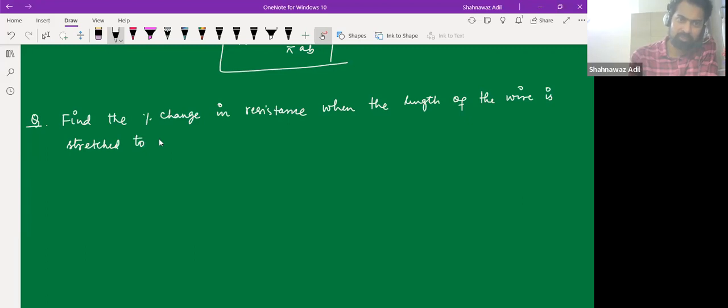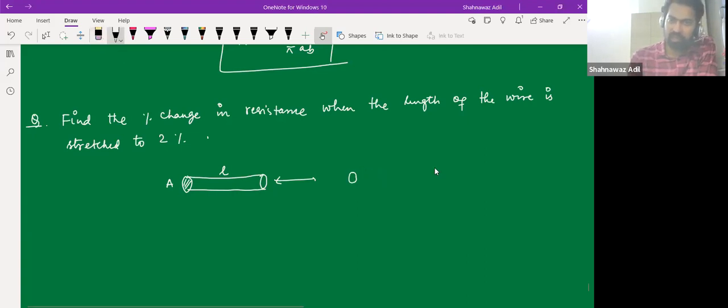let's say 2%, right? So we have this wire whose length is, let's say, L, and area is A, and it has been stretched, and its length has increased by 2%.